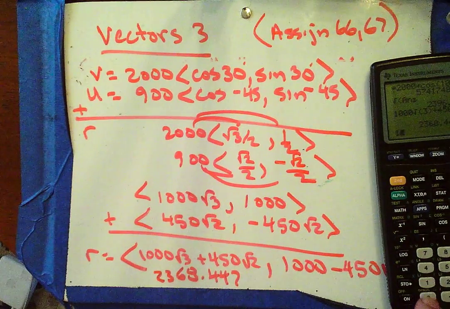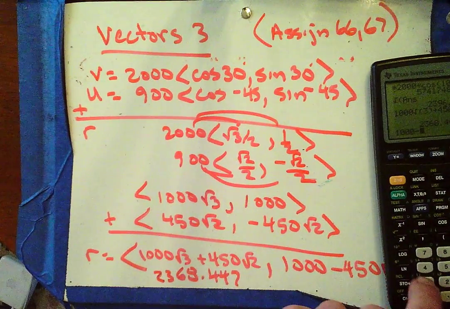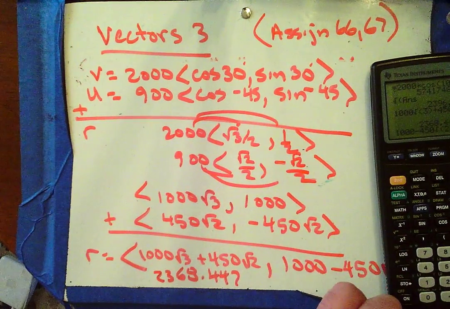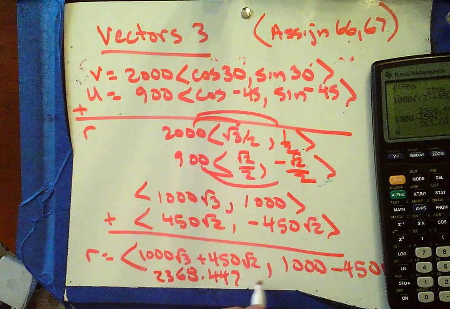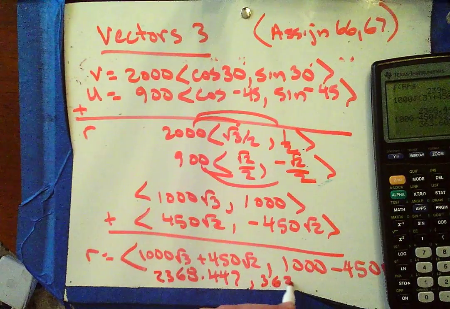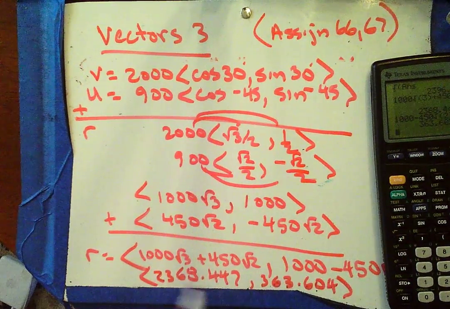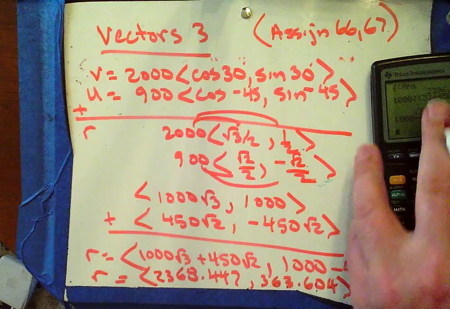And here, 1,000 minus 450 square root of 2, and I get 363.604. So there's my component form of R.